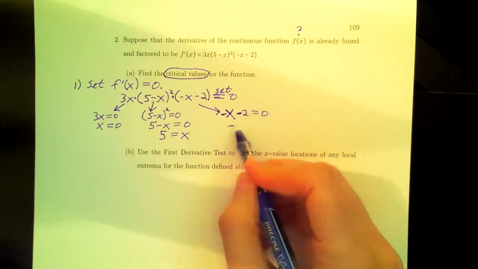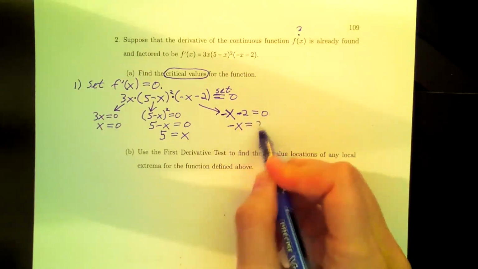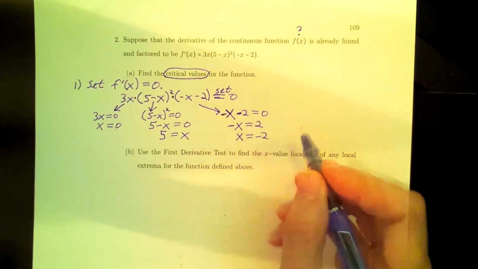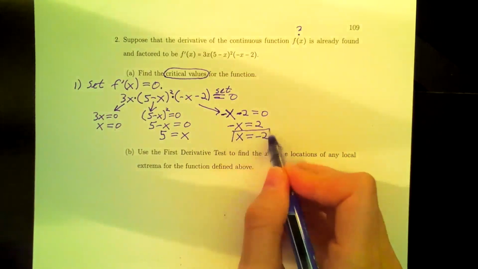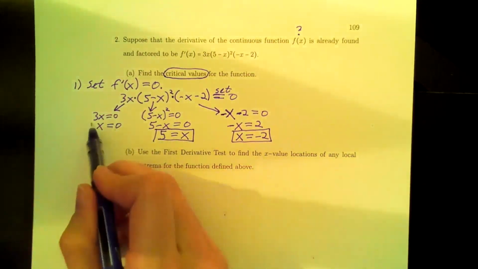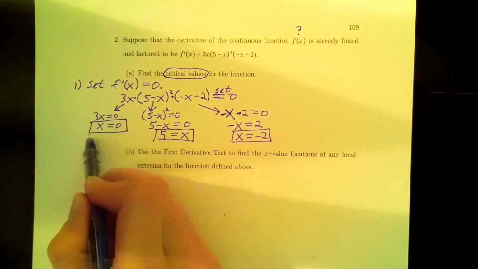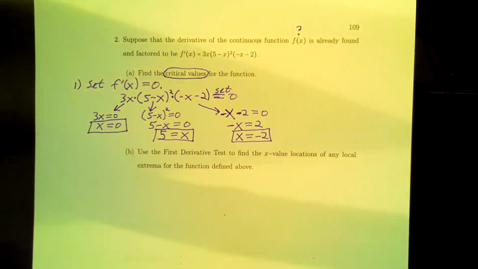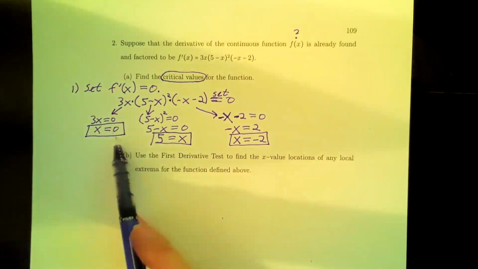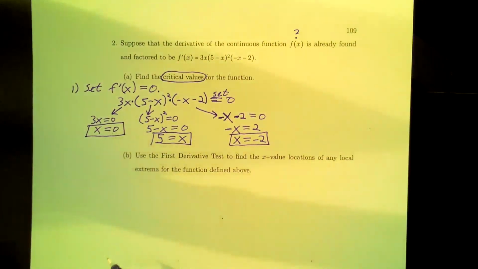Add the 2, you get negative x is equal to 2, or that is to say, if you multiply by a negative, x is negative 2. I have 3 critical numbers. That means I have 3 potential locations for being a maximum or a minimum. We would have to test those to see if those do correspond to maxes and mins, or if they correspond to nothing.